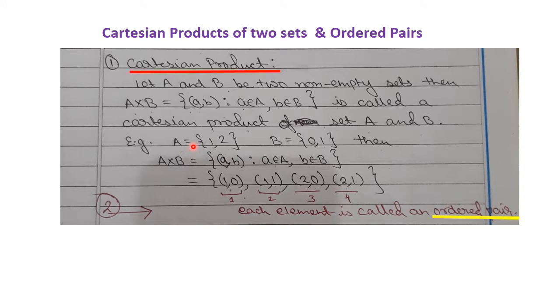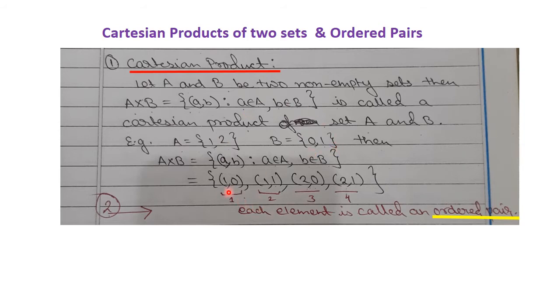For example, if I take A equal to {1, 2} and B equal to {0, 1}, then the Cartesian product of A and B will be written as A cross B, where elements will be (a, b) type, where a is from the first set A and b is from set B. We can write these elements as (1, 0), (1, 1), then (2, 0), (2, 1).